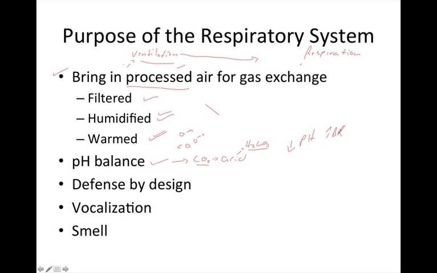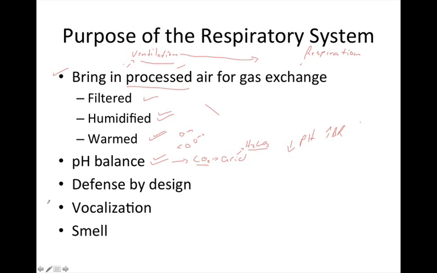We'll get into that in a lot more detail later on. Or vice versa, if our pH becomes too basic, we can lower our breath rate to retain CO2, to bring our pH down and make it more acidic. So that's the role it plays in pH. This is something we'll revisit more in depth later on.